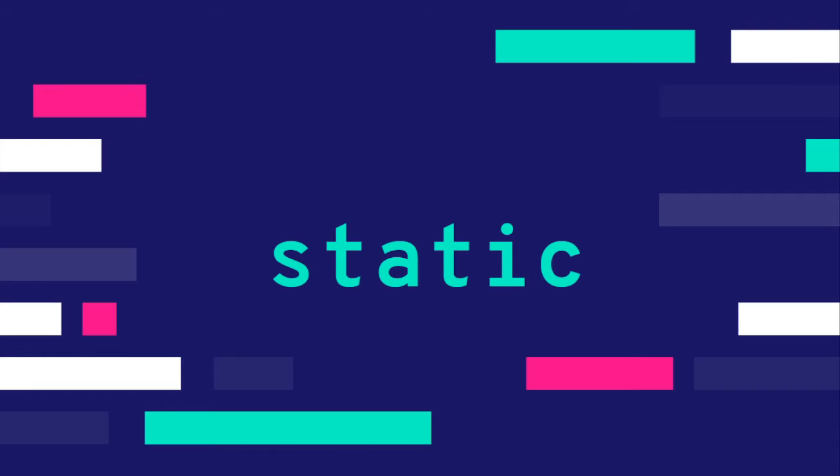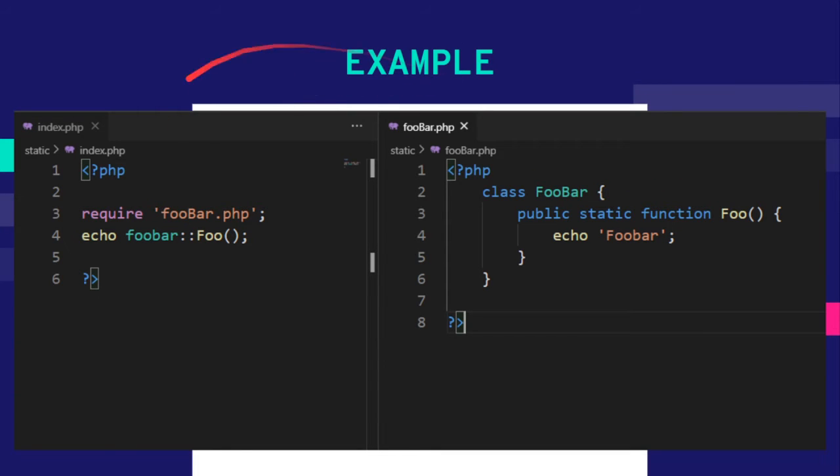So, to show you an example, sa example natin ito na index, dito sa class foobar, we have the class and sabi natin public siya, and then sinabi rin natin na static siya, then function foo. It is a function, and then ang ginagawa niya lang is echo foobar. Kung mapapansin nyo, hindi na tayo nag-declare ng object dito.